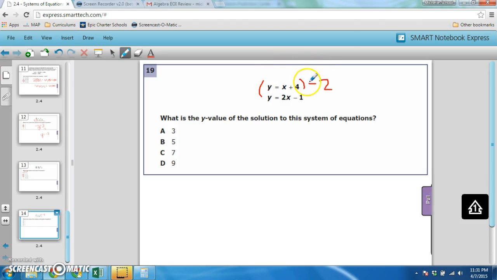We're going to distribute this to each piece, so it's going to be negative 2y equals negative 2x minus 8. Okay, and then I'm going to write that other one right underneath of it. y equals 2x.